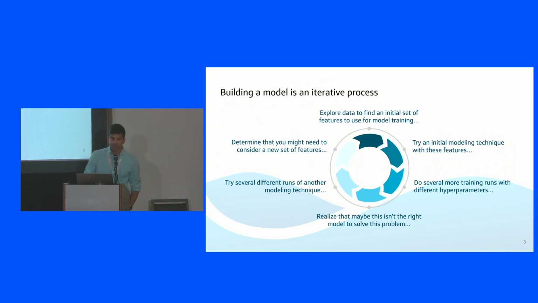So I'll start out by the problem that we are trying to solve. Building a machine learning or an ML model is an iterative and actually an experimental process. So you typically start out with some data. You pick out some features that you like from the data or that seem to be relevant, and then you pick out a modeling technique, and typically modeling techniques have parameters associated with them, which are called hyperparameters.